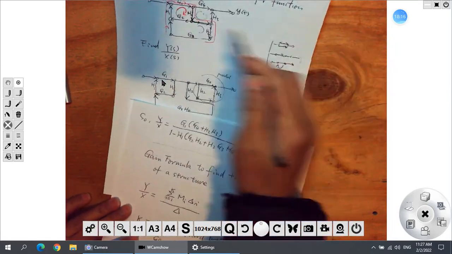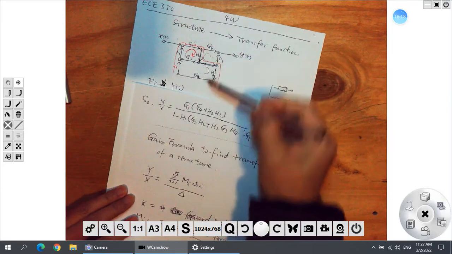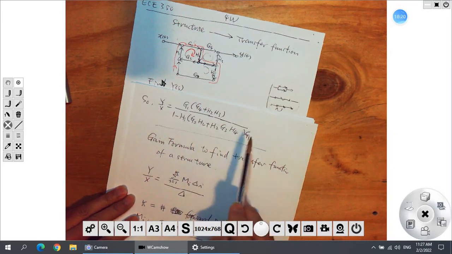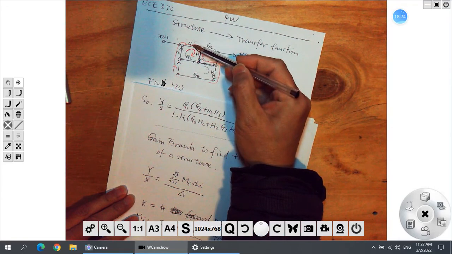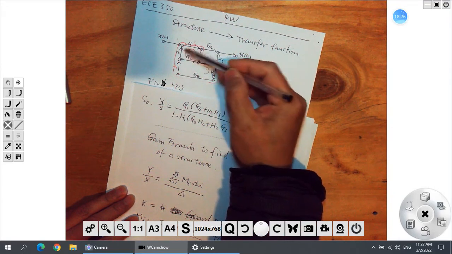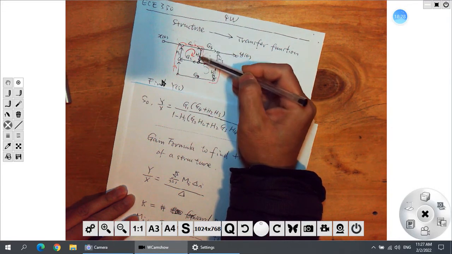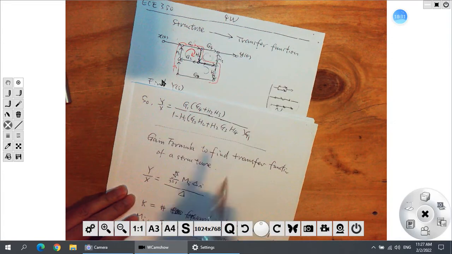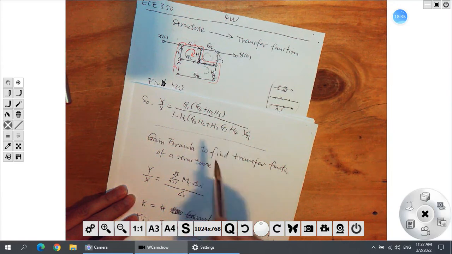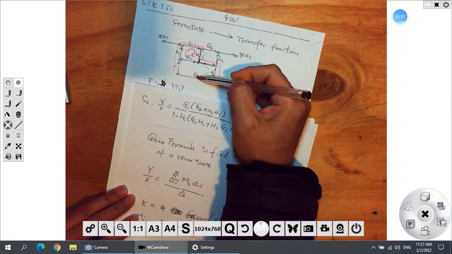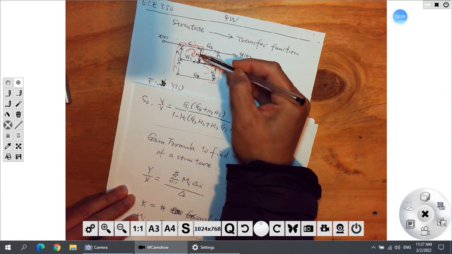You see, H1, G2, H2, G1. So H1, G2, H2, G1. Right? Yeah, G1, G2, H1, H2. This is this small loop. Right? And the second term, H1, H2, H4, and G1, G3. G1, G3. And H1, H2, H4, right?